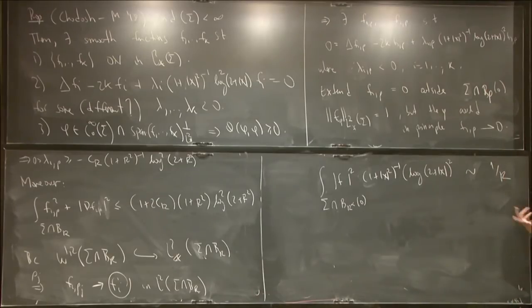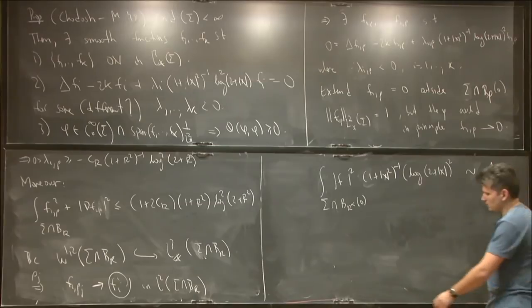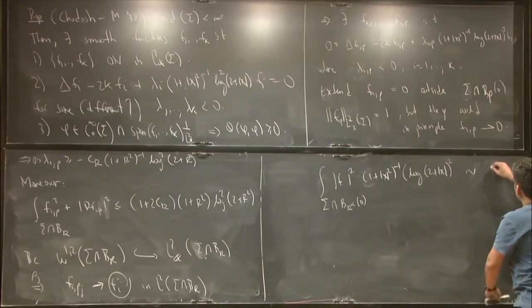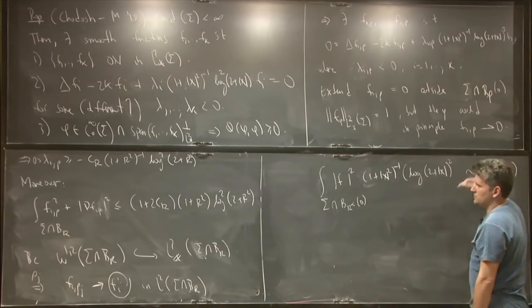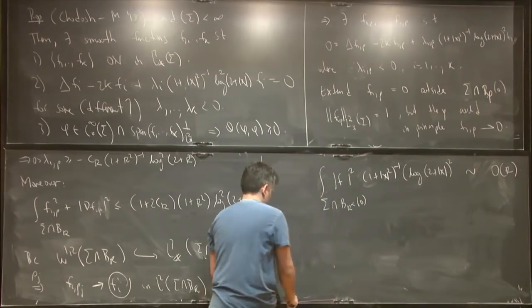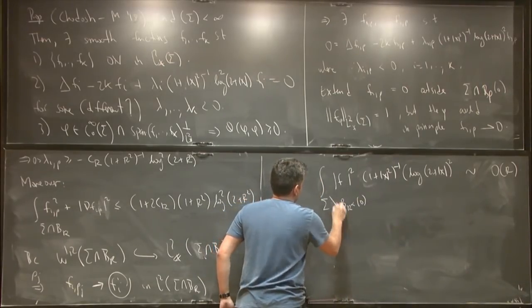So that when I send r to infinity, this goes to 0. But actually, you get something like O of r. You get a constant like this. Oops, this is outside, sorry.